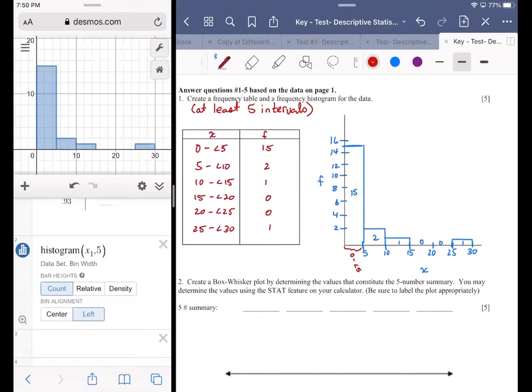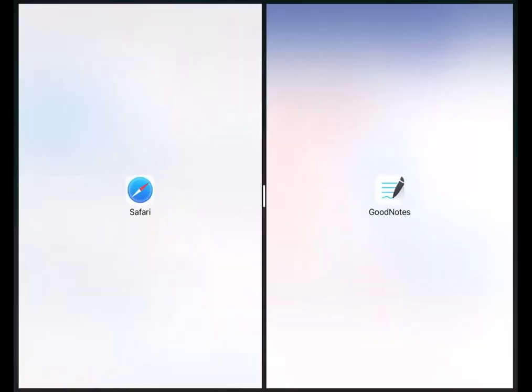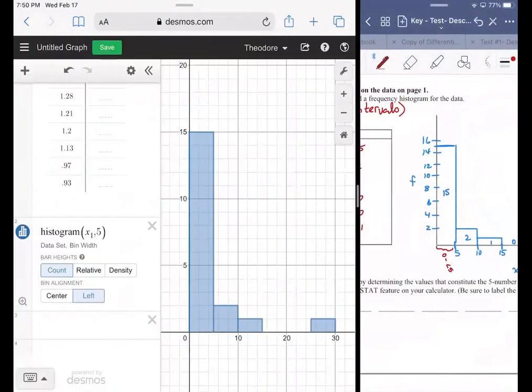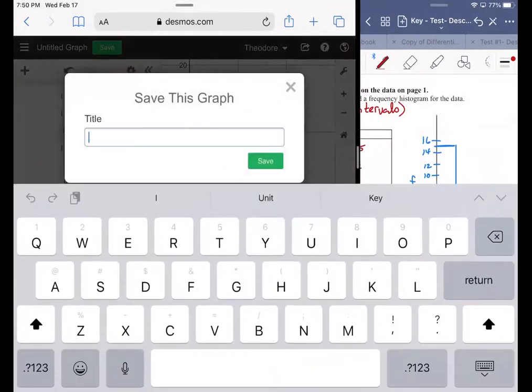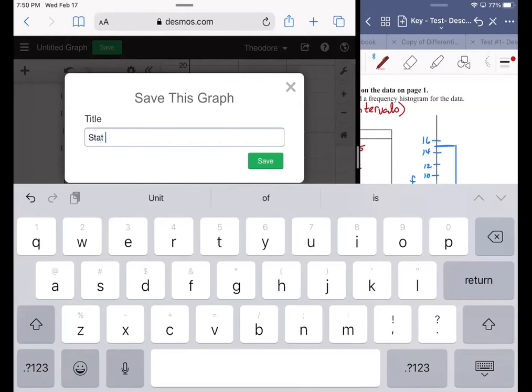But as far as the histogram is concerned, if you just want to submit your Desmos work, you can do that. You have to have an account. That's the first thing. I recommend that when you save your work, you give your graph a title. So this would be, how many statistics tests have you taken? I don't know. So it's probably okay to call this statistics or stat unit 1, question 1.